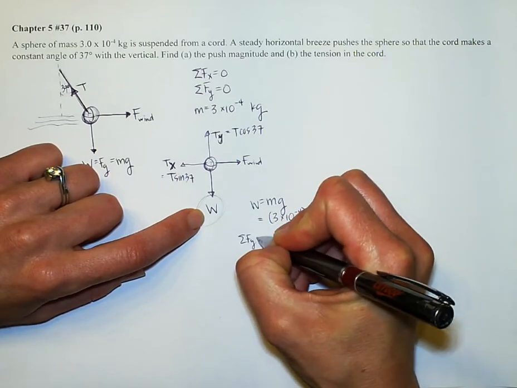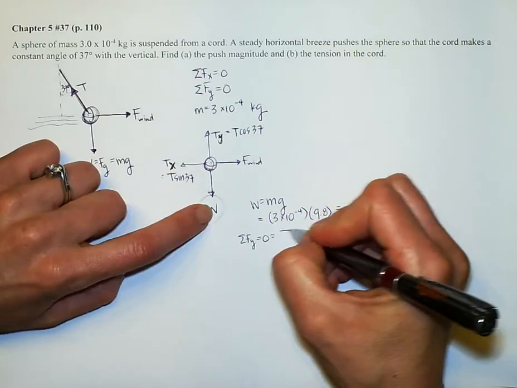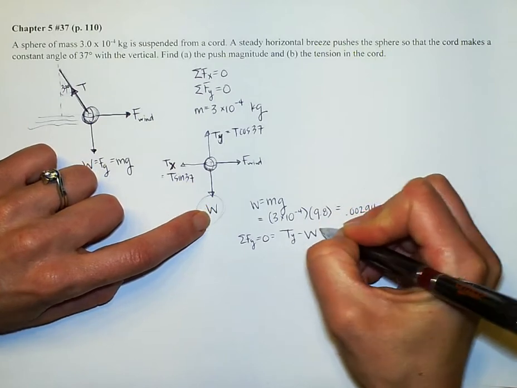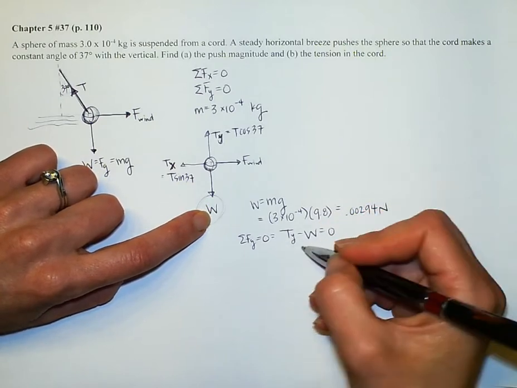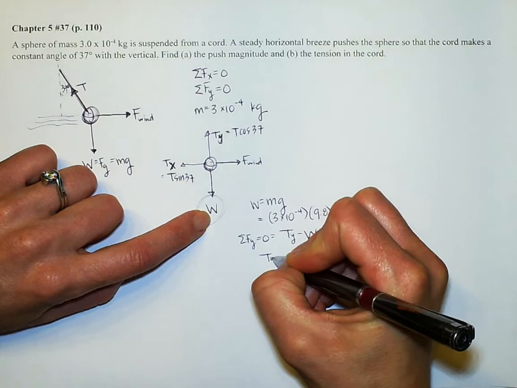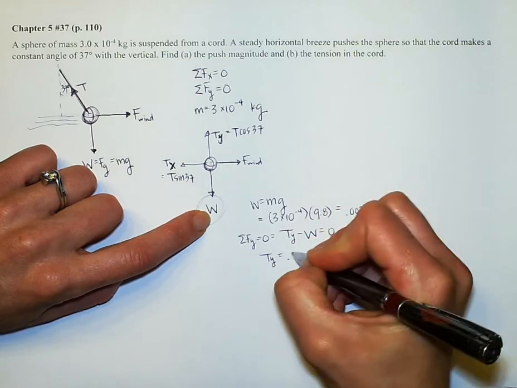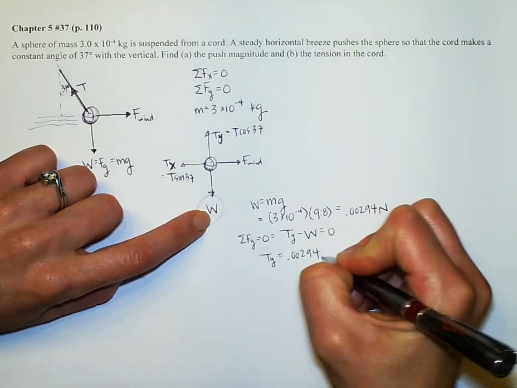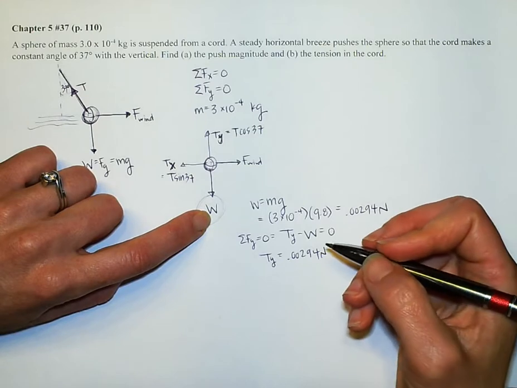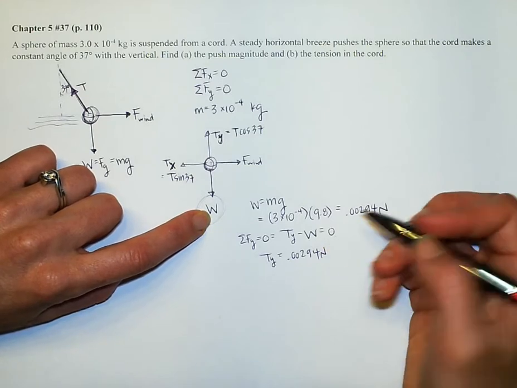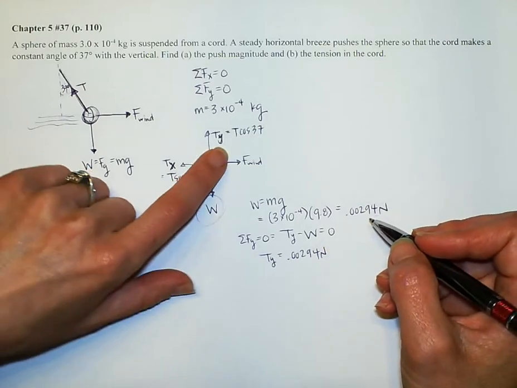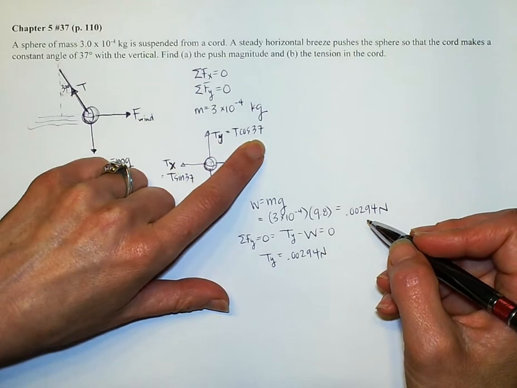So sum of the forces in the y equals 0. So I will have Ty minus weight equals 0. And we can see that Ty will equal our weight. So Ty equals 0.00294 newtons.